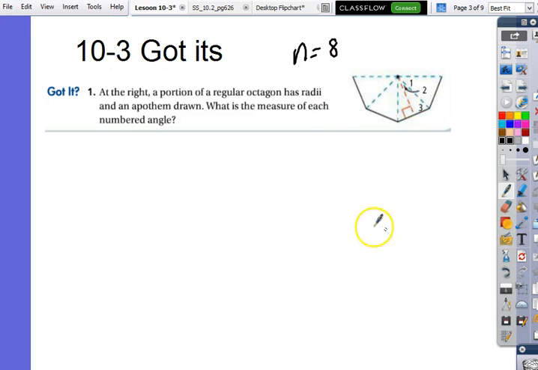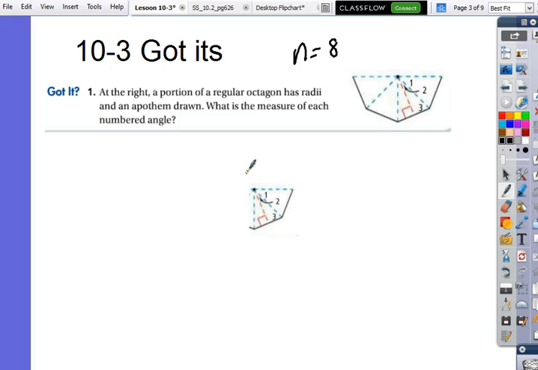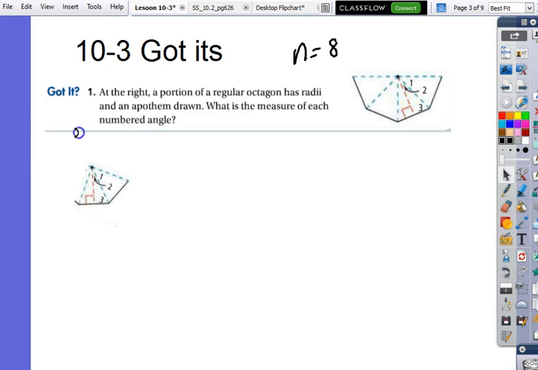So I'll blow that up a little bit. Just looking at that portion of the octagon, I'll even swirl it around a little bit so it's a little bit more basy.